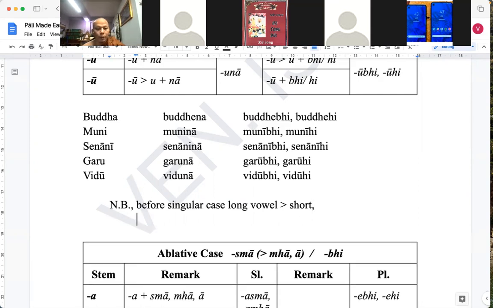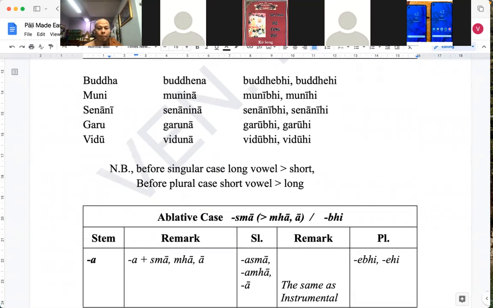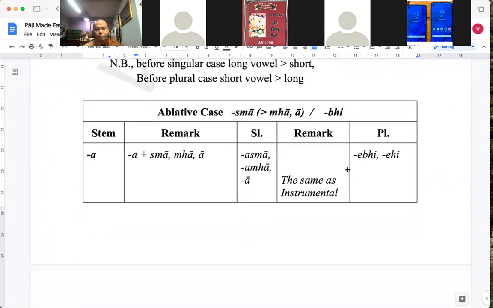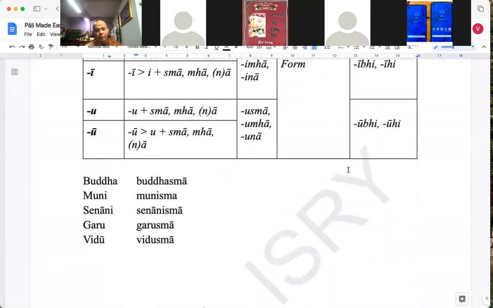And then oppositely, before the plural case, a short vowel becomes long. So that is fine.